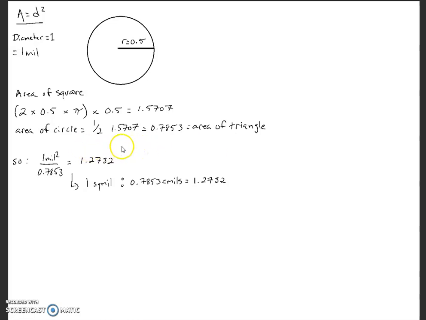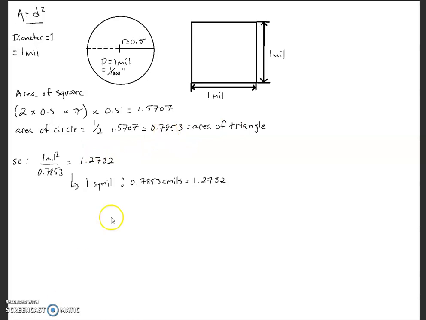So the diameter of a circle is 1 mil, and this diameter equals 1/1000th of an inch. If we take a square mil, this diameter, and we square it, 1 mil times 1 mil, you get 1 square mil. So what we're looking at here is the area of the circle, 0.7853 and so on.